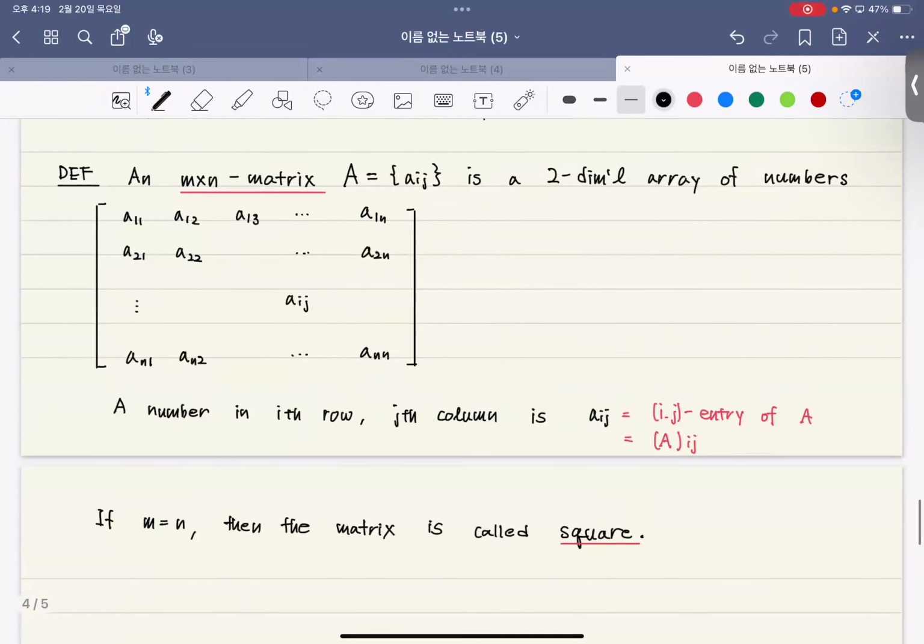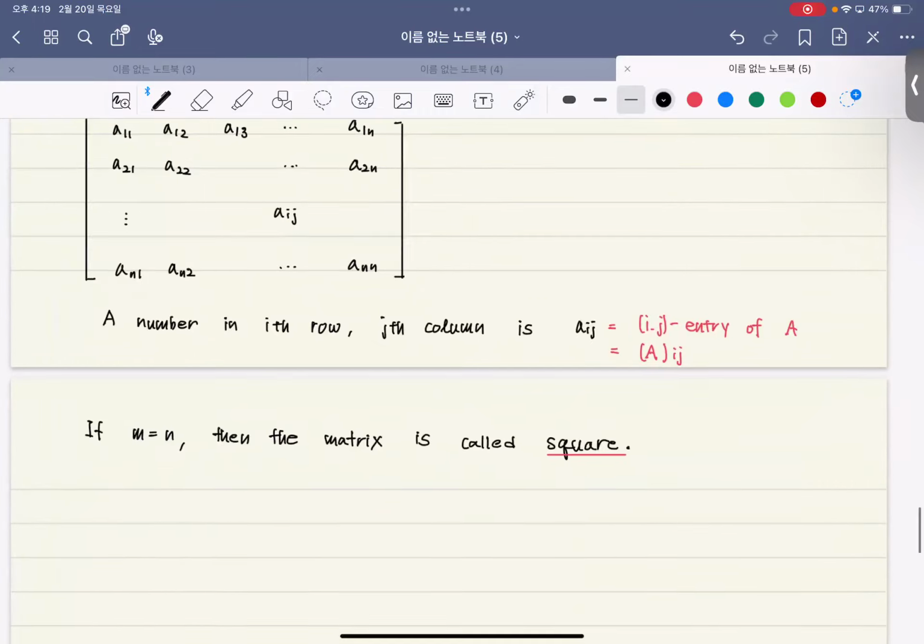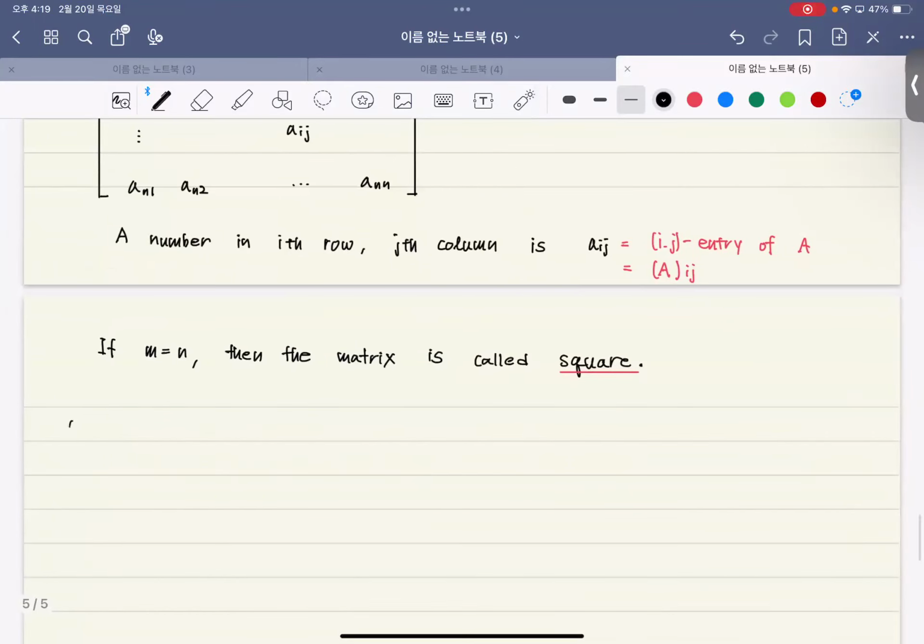And as you can imagine, there are some operations between two matrices. Operations on matrices. What are the operations? The first operation is matrix addition.